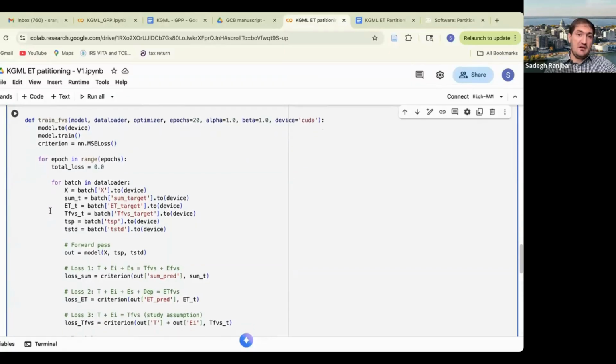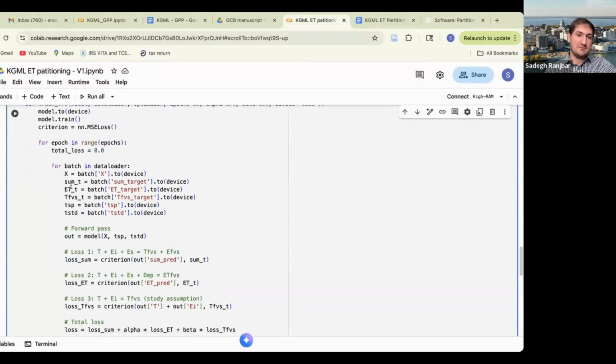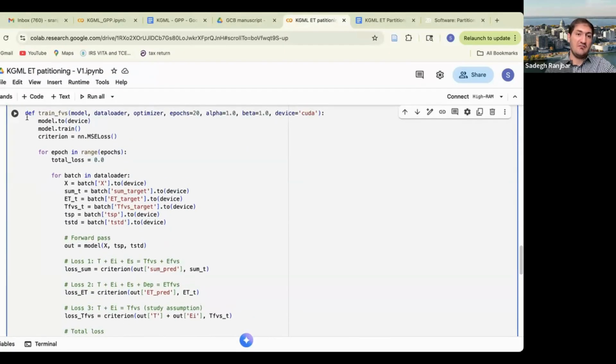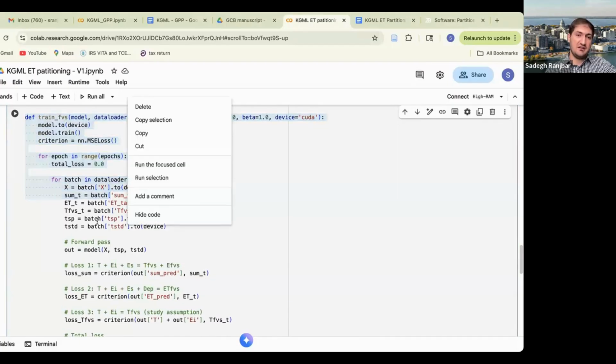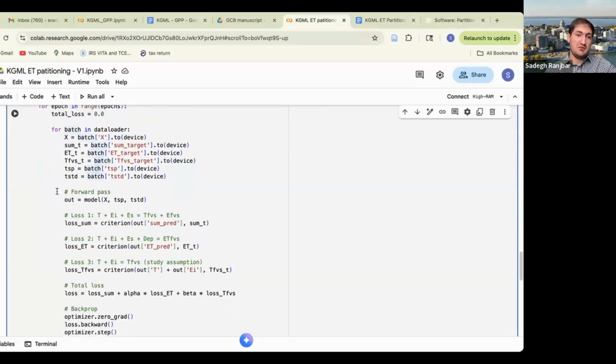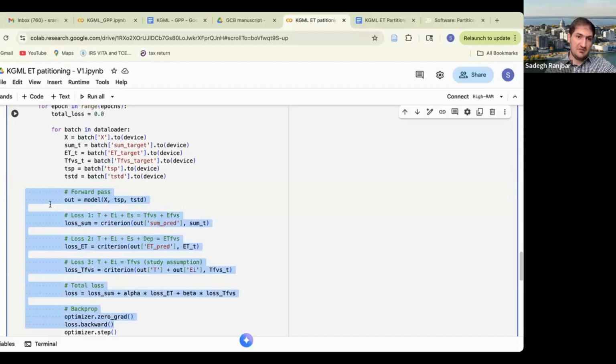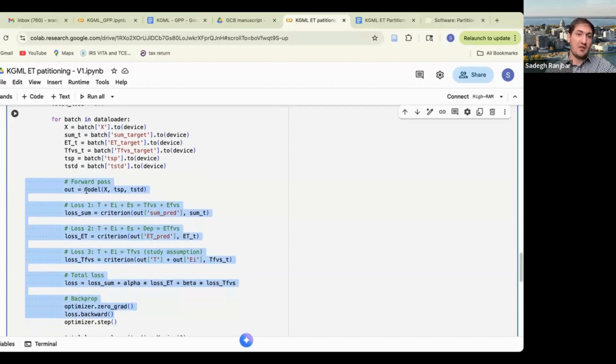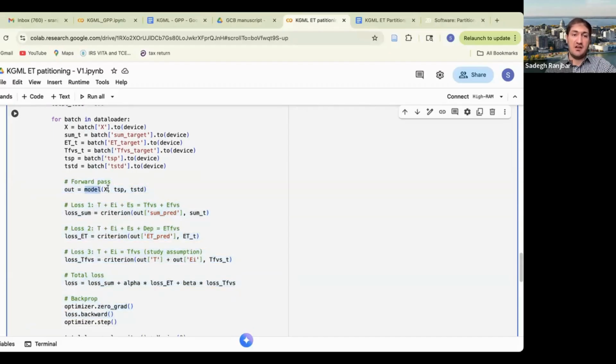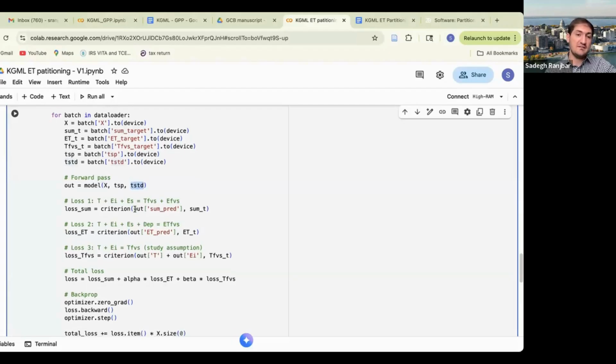And then for the training part, we define a function here. The important part is here. After we start training, we get the model trained on x, which is our input, and the time since precipitation and time since dew event.